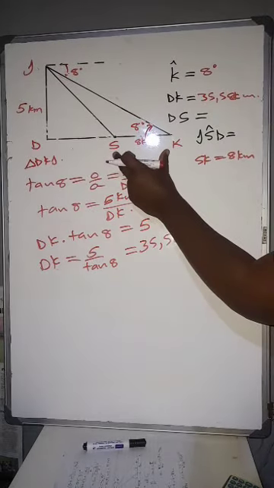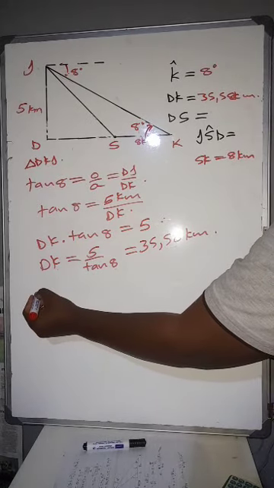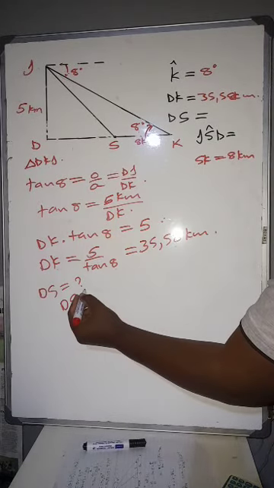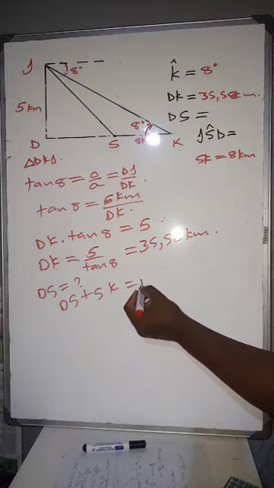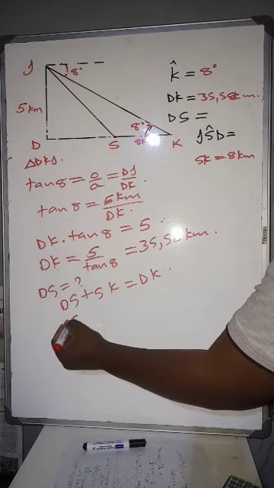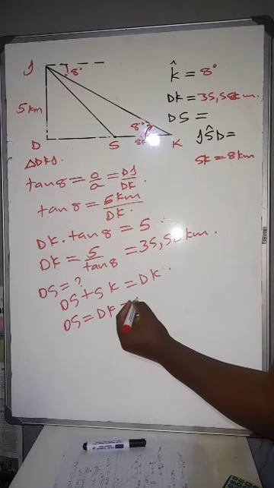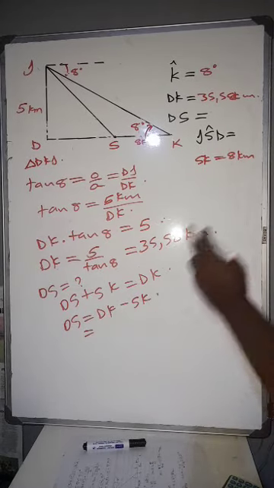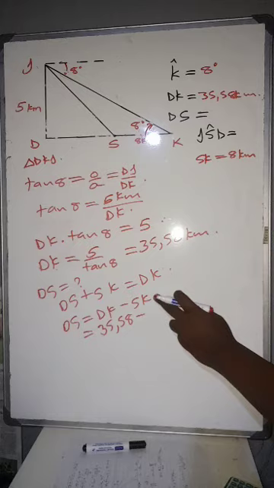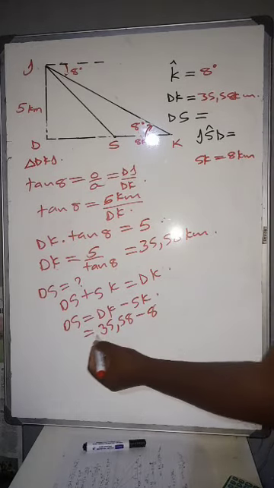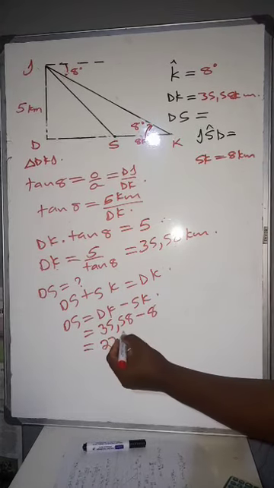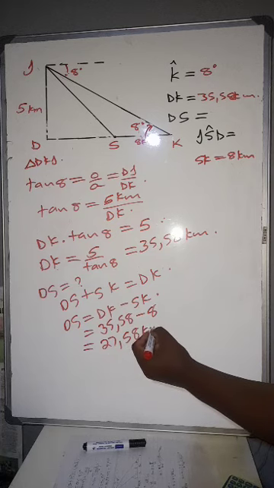From the diagram, we can see that DS plus SK is equal to DK, and our SK is given, it goes to the other side, so DS is equal to DK minus SK, which is equal to 35,58 minus 8, and this is going to give you 27,58 kilometers.